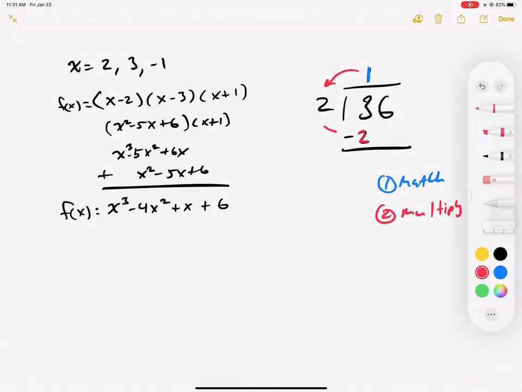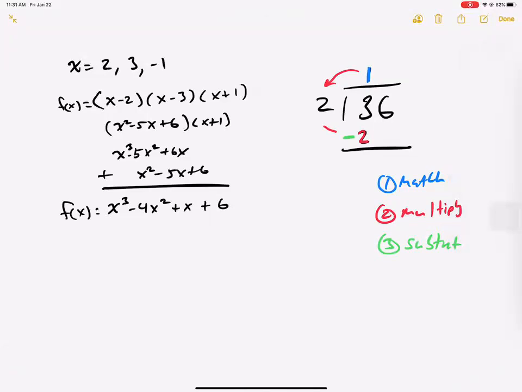And then the third step is we subtract. These are our 3 steps that we work with when we're doing all these problems. We match, multiply, and then subtract. We match to try to get as close as we can to that front number, and then we multiply down, and then we subtract to see what we have left over.